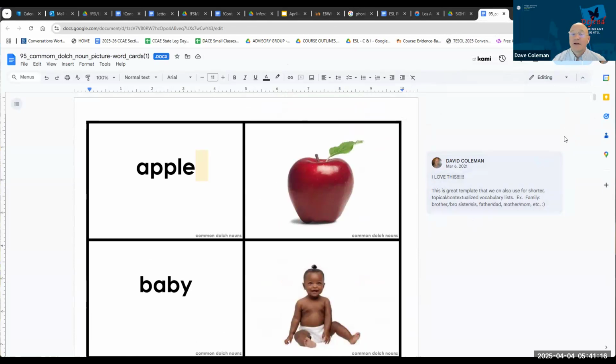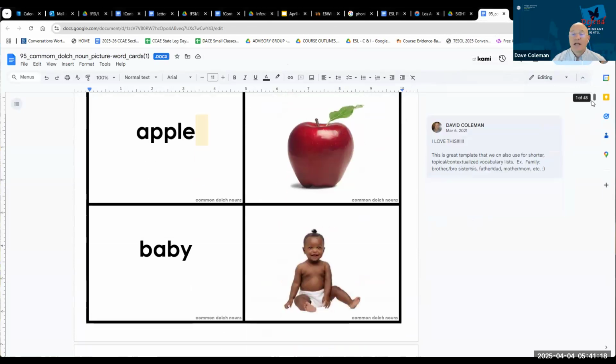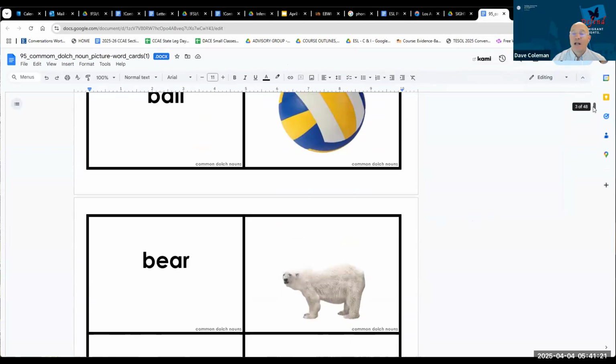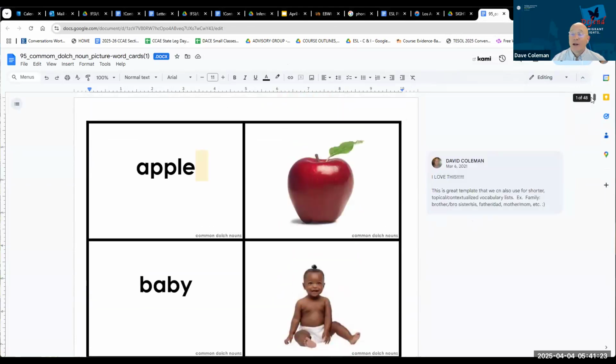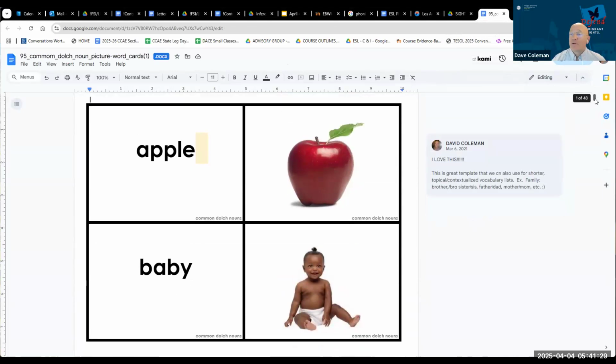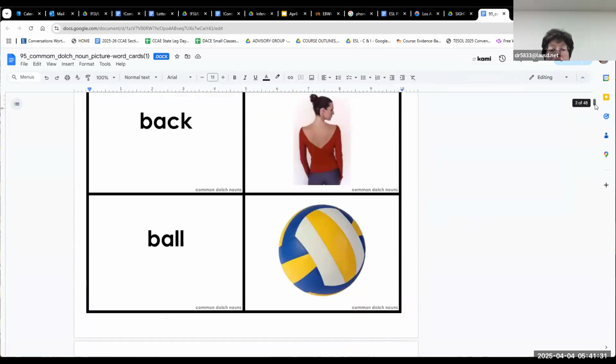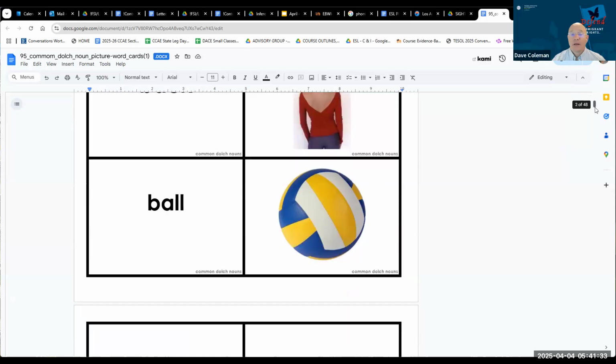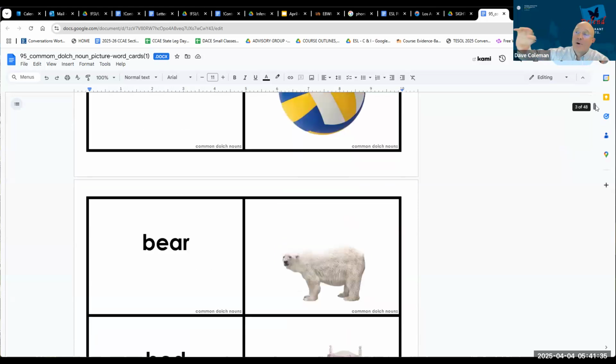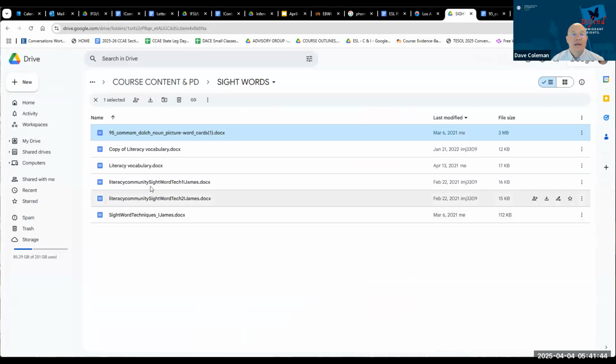So the thing is they're just all over the place. They're alphabetized, but they're not by topic. And so this is where it's challenging. You want to say, okay, apple, I'm going to do that in the unit under food. Baby, I'll do that under family. Ball, I'll do it in free time. So you're going to want to pull these and put them in categories and save them for that unit. Like bear, for some reason that doesn't seem right to me.